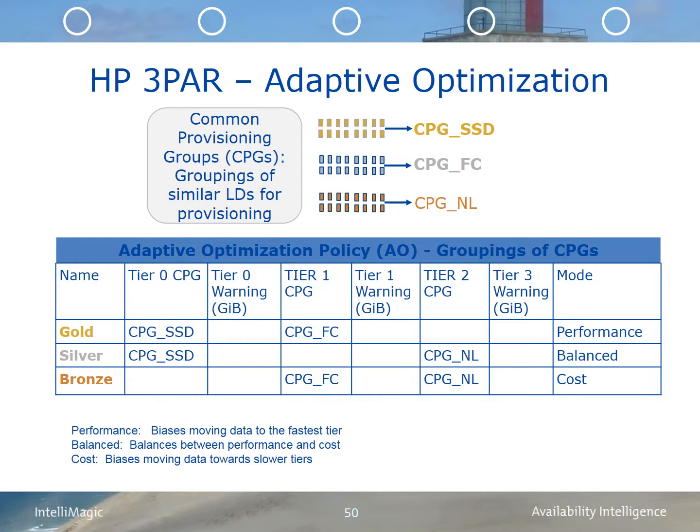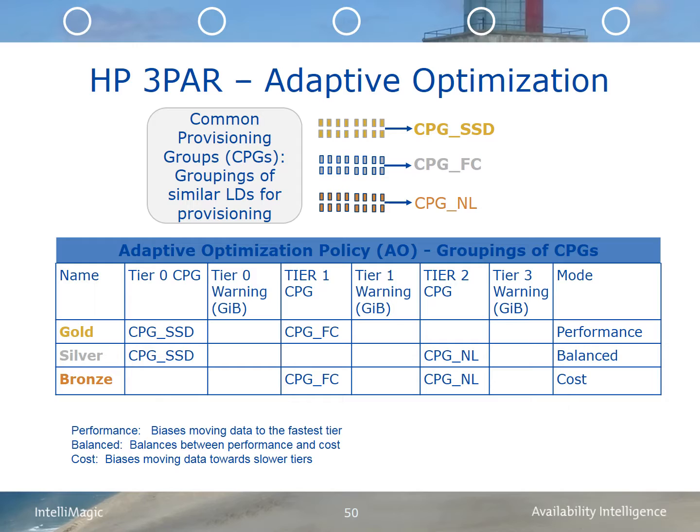HP3PAR's auto-tiering technology is called adaptive optimization, and it consists of common provisioning groups that are assigned a policy, or an adaptive optimization policy. So let's take the example where we have 3 different types of CPGs. A CPG_SSD, which has the SSDs in it, a CPG_fiber channel, which has the fiber channel drives in it, and a CPG_nearline, which has the nearline logical disks.